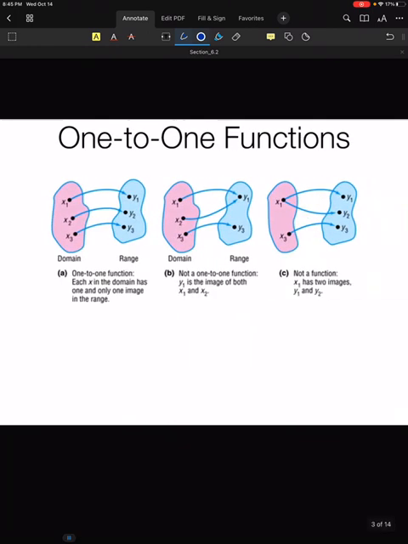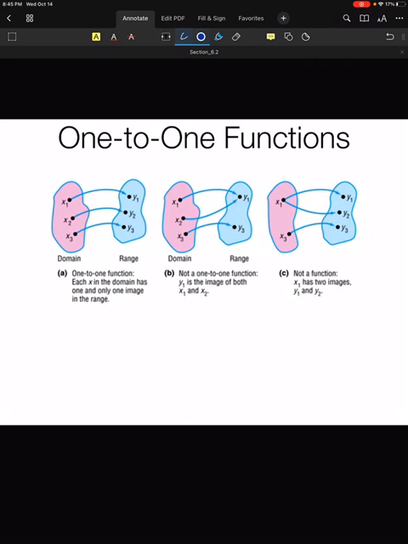So, a one-to-one function: each x in the domain has one and only one image in the range, and an image is what it's connected to. This is just an example that the book gives.